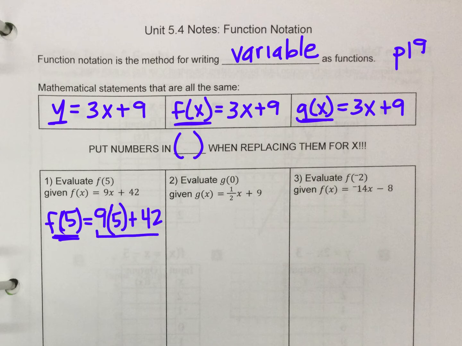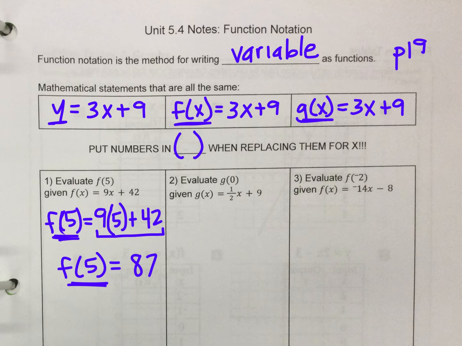Now, I just put this in my calculator. So when I put a 5 in for x, that's what that means right there. My input is 5. My output is 9 times 5 plus 42, which is an 87. That's all.